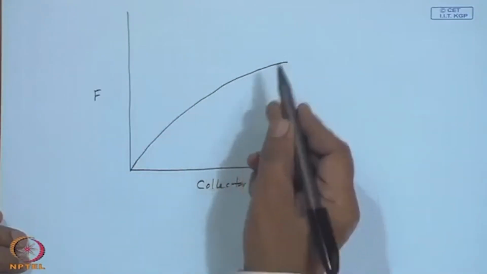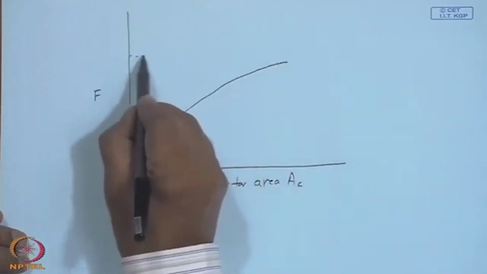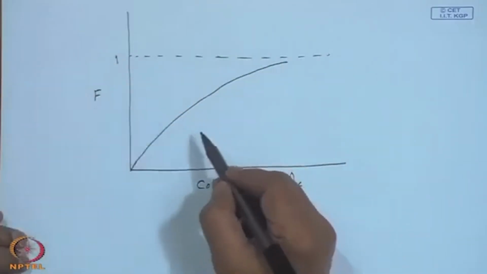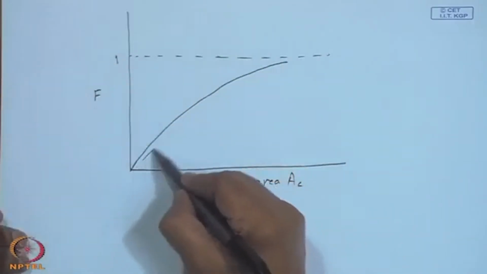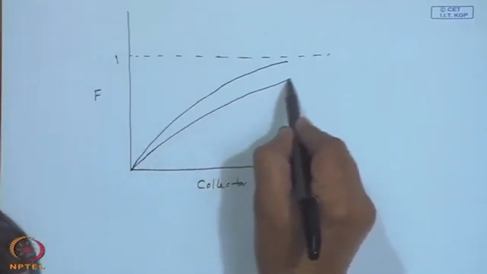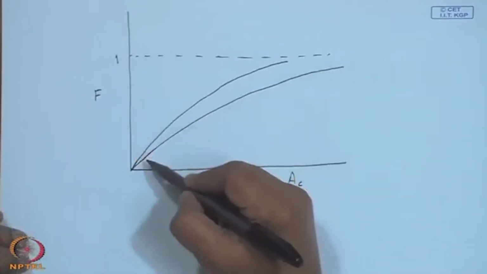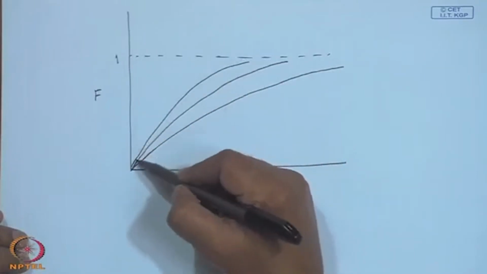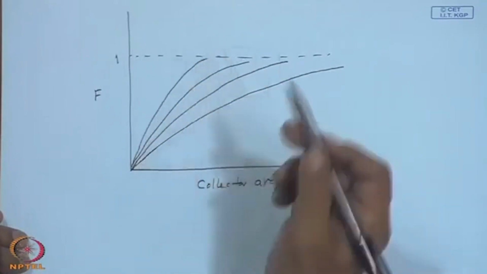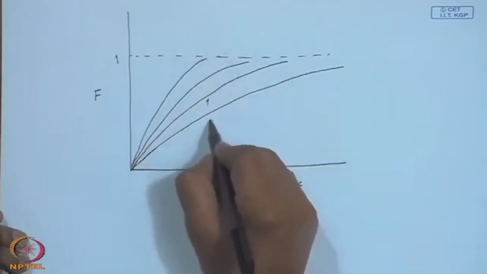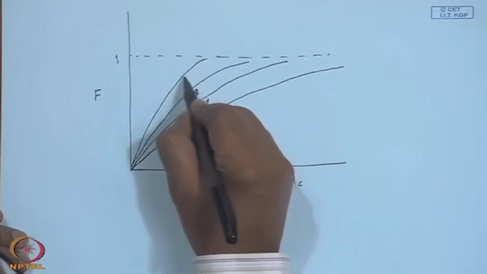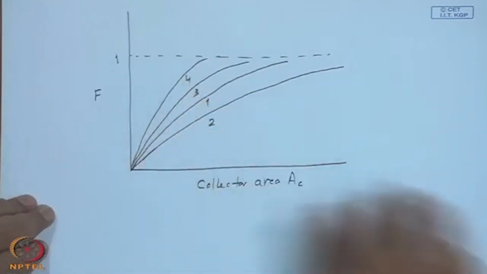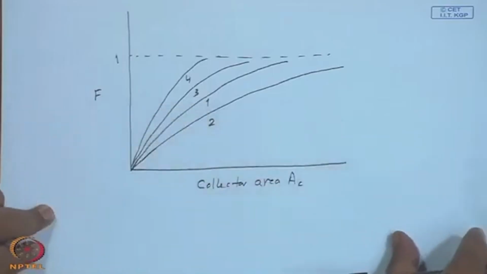A curve 1, this will be of course 1, and this may be 2, this may be 3, I will give the numbers, this may be 4. So, 1, 2, 3, 4. This is deliberately not put monotonically.